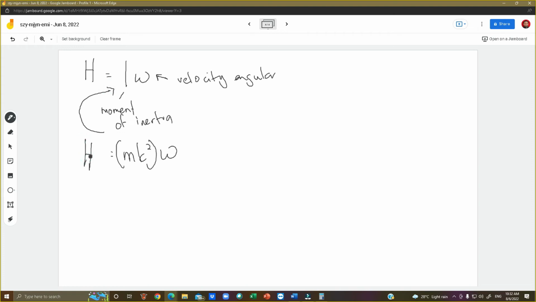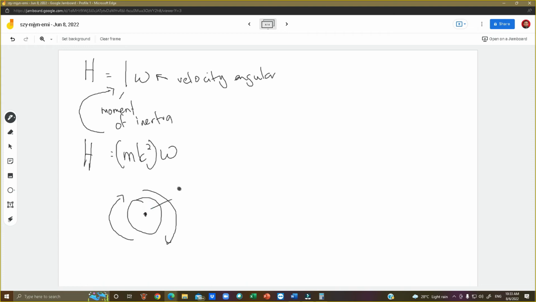This is angular momentum. Okay, if a ball rotates on its axis, this rotation has angular momentum.